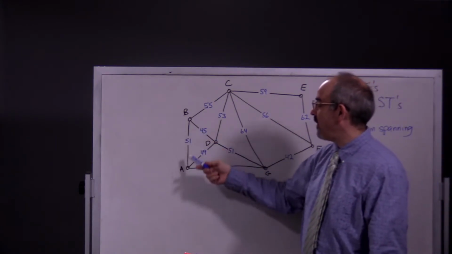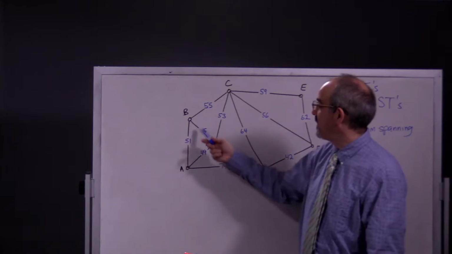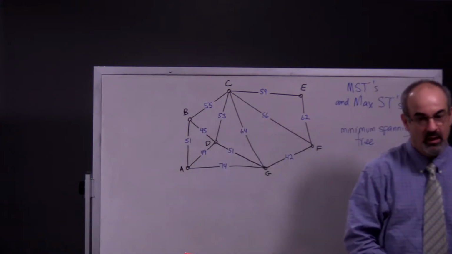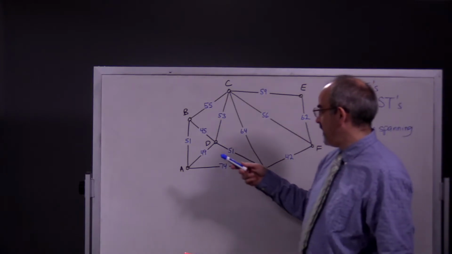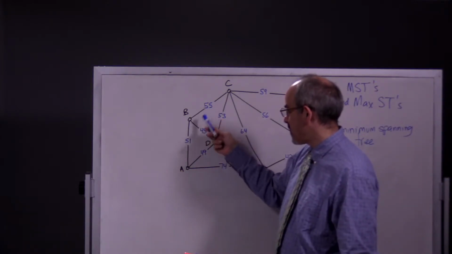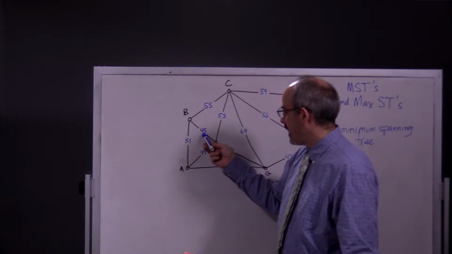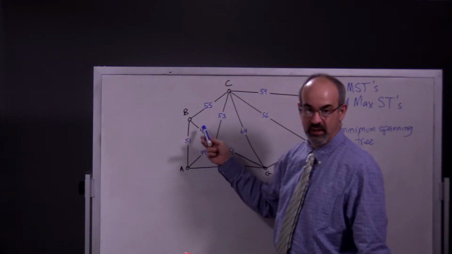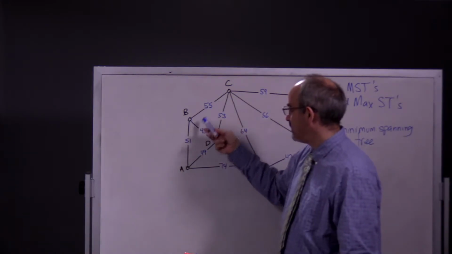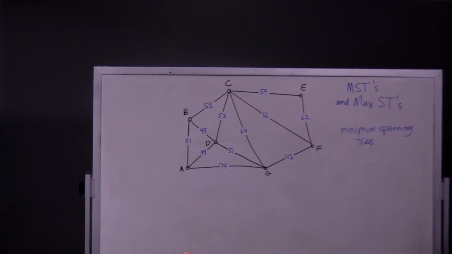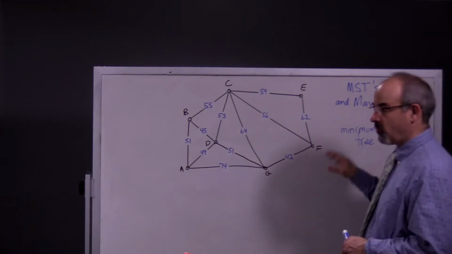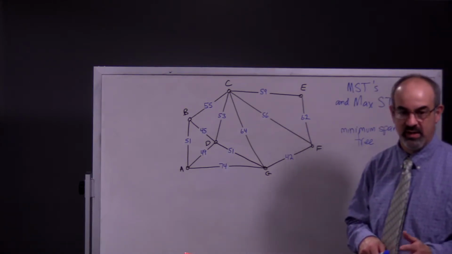For B to have power, you'd only need one of these things going to it, okay? So if you could get rid of this one and this one, or this one and that one, it might only cost $45 million instead of $151 million if you had all three of those going in there. So you're trying to save money, okay? So that would be a reason why you want to make a minimum spanning tree, to save money.